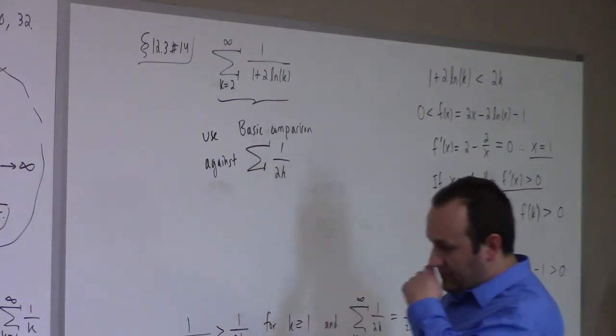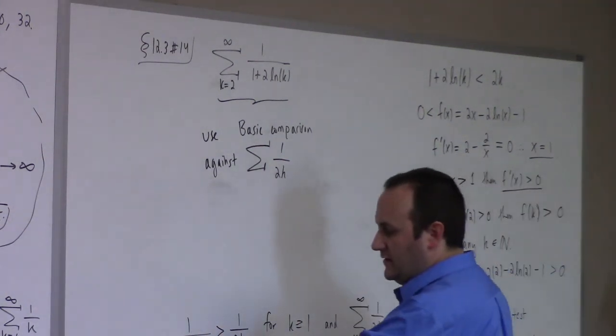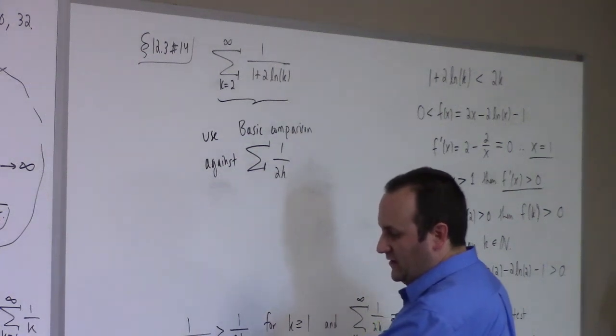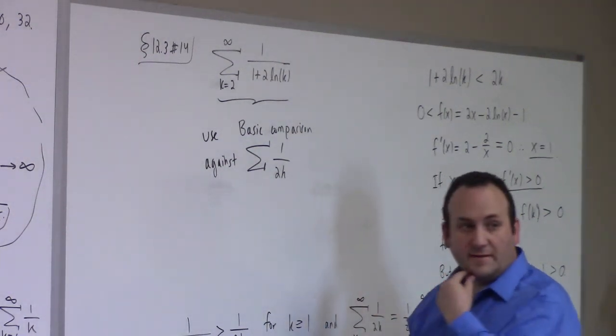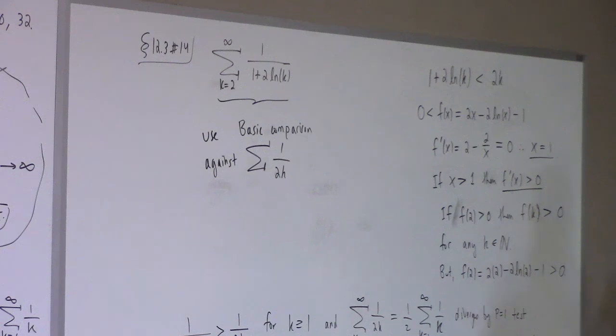You can establish this inequality that 1 over 1 plus 2 natural log of k is greater than 1 over 2k. I personally don't find that immediately obvious. Maybe you do. I don't know.